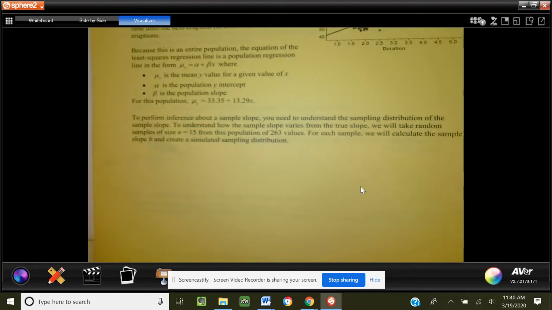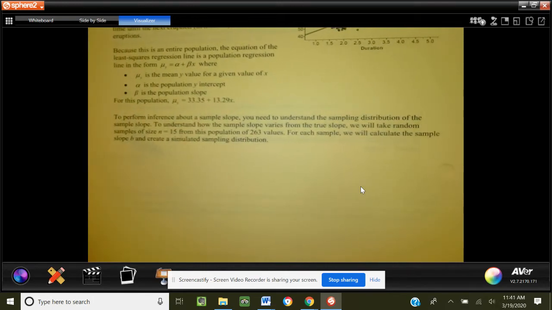Okay, so now here they're talking about doing a simulation to see what that sampling distribution looks like.